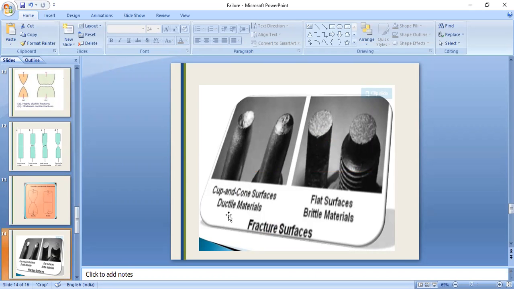It is a clearer picture. This is a cone shape and this is a cup shape, and this is for ductile material, and this is for brittle material. The surface of the brittle material is flat.